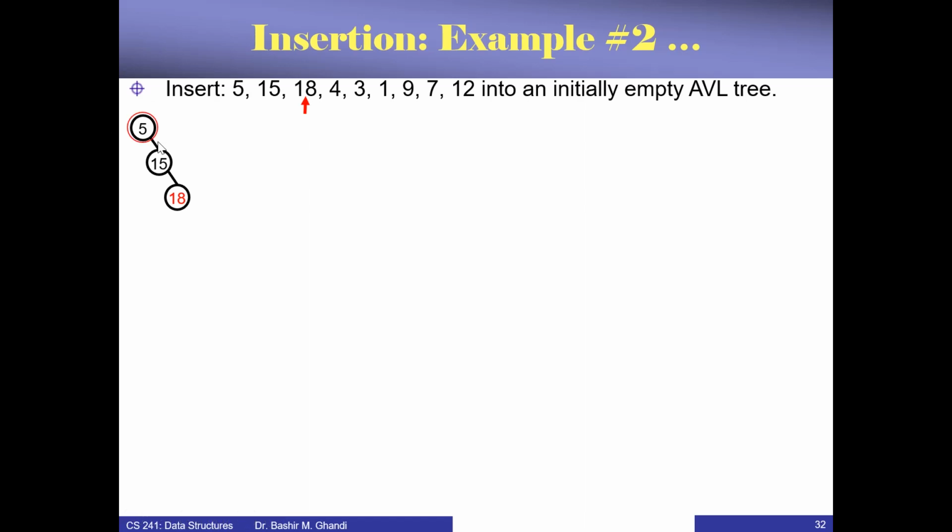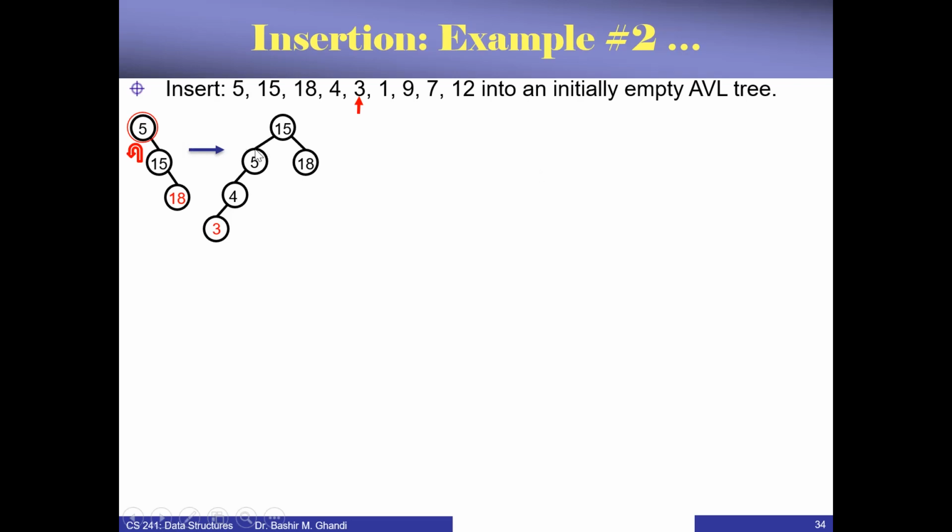It is a right-right problem, so it needs a single left rotation. The result of that is this: 15 will go up, 5 will go to its left. Next we insert 4, no issue so far. Insert 3 and you will have an issue with 5.